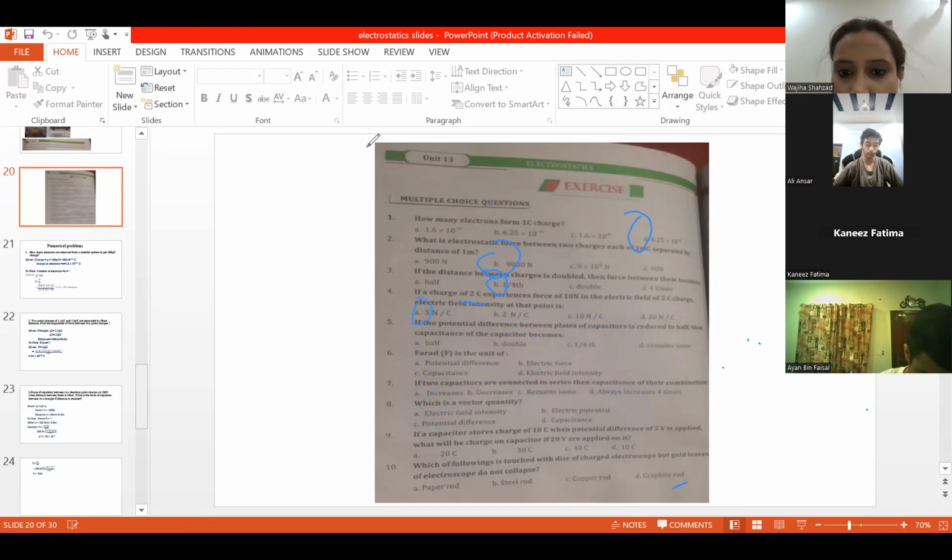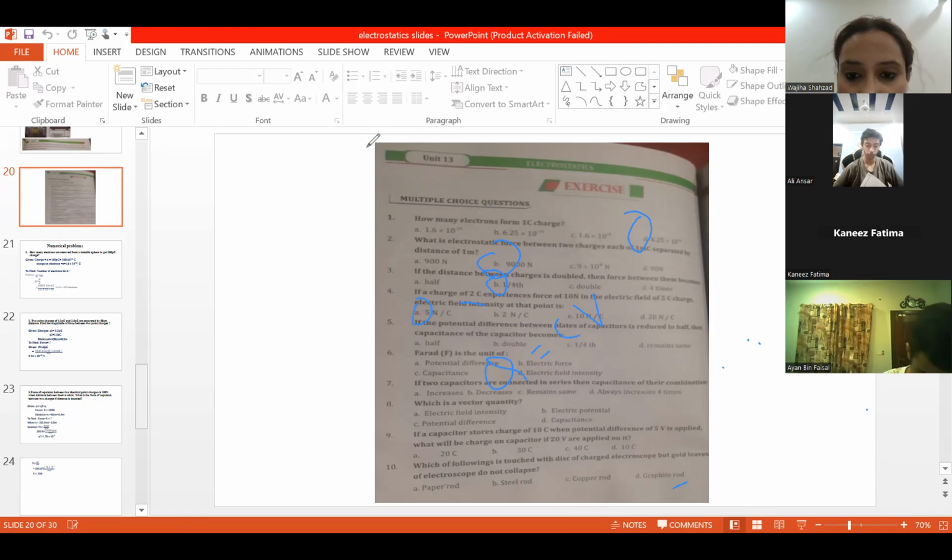If the potential difference between plates of a capacitor is reduced to half, the capacitance of the capacitor becomes. Okay, now we know that we learned the formula Q equals CV, right? And they're asking if the potential difference between plates of a capacitor is reduced to half, then what will the capacitance be.